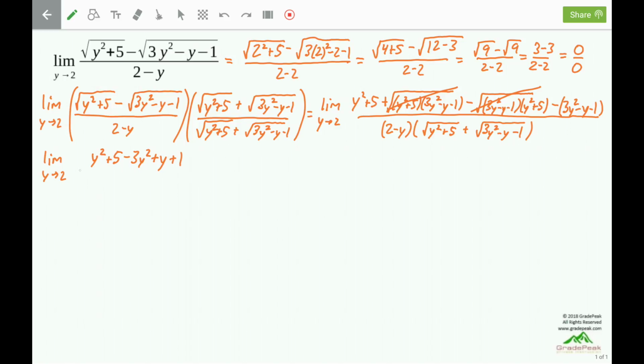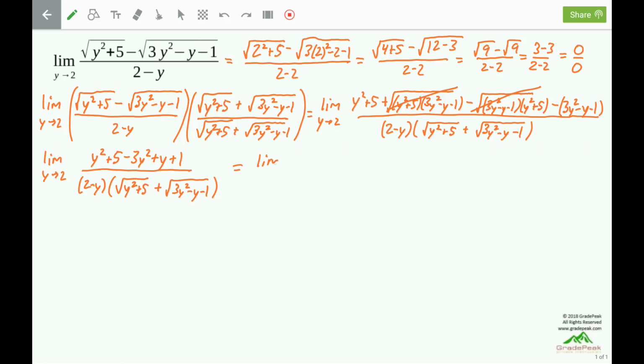Notice they are all becoming opposite signs of what they used to be, divided by 2 minus y, square root of y squared plus 5 plus square root of 3y squared minus y minus 1.